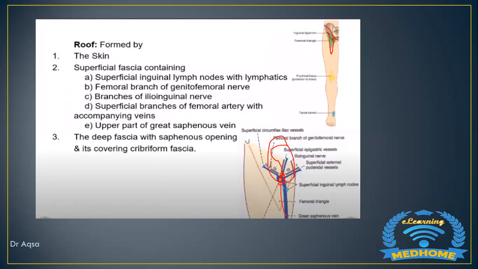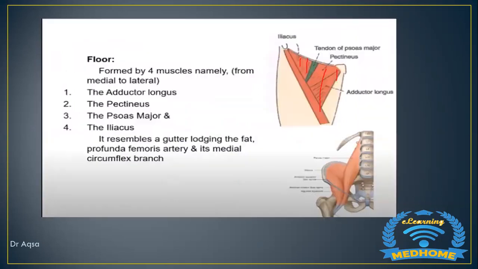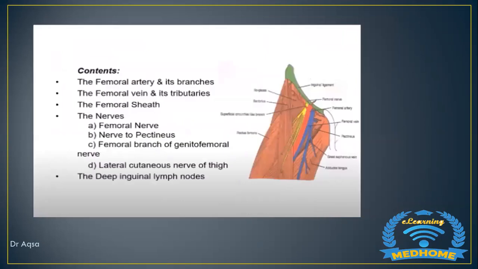While the floor is mainly formed by four muscles. If we call from the medial to the lateral, it will be the adductor longus, pectineus, the psoas major, and the iliacus muscle. Excellent. And then we have the contents.